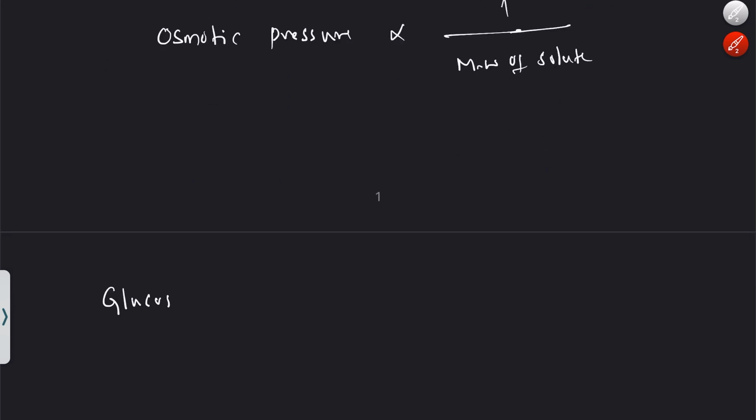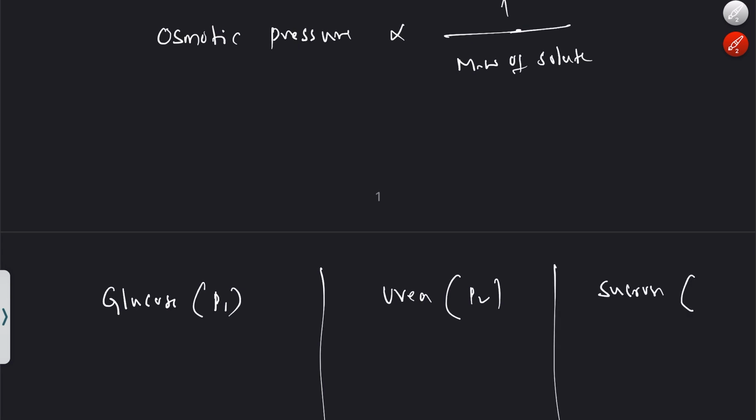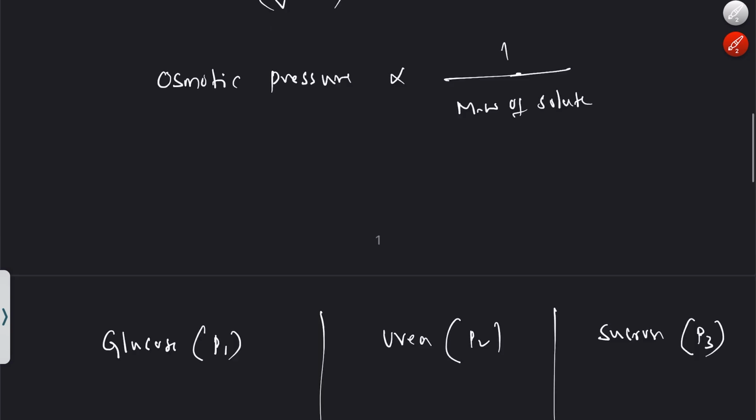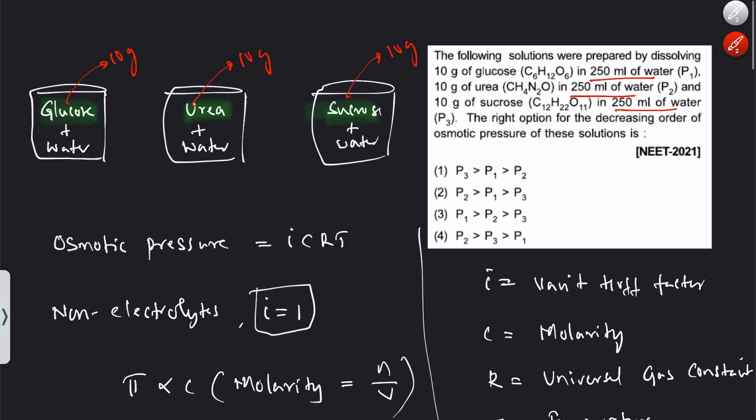Glucose has osmotic pressure P1, urea has osmotic pressure P2, and sucrose has osmotic pressure P3.